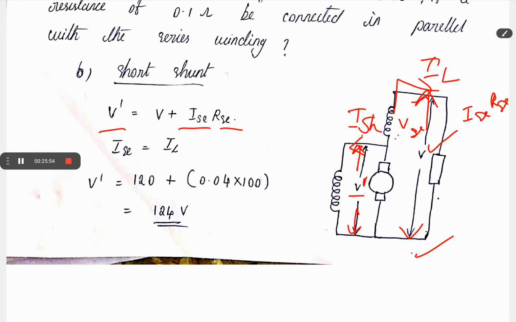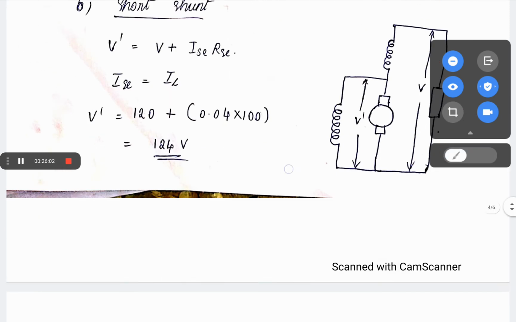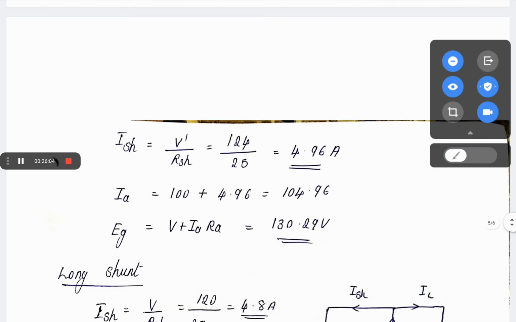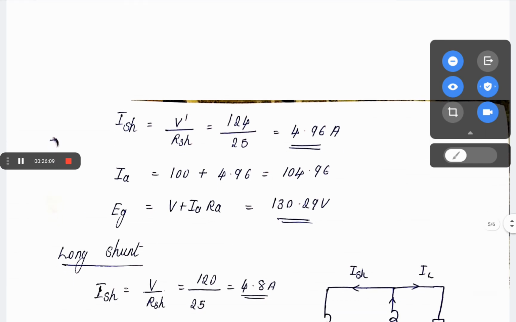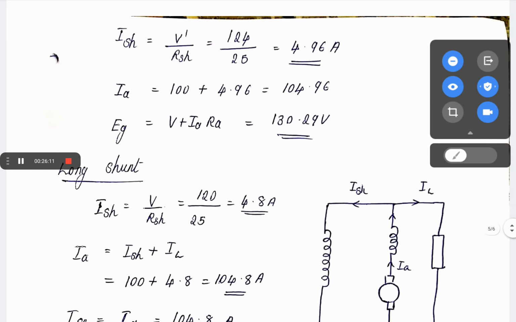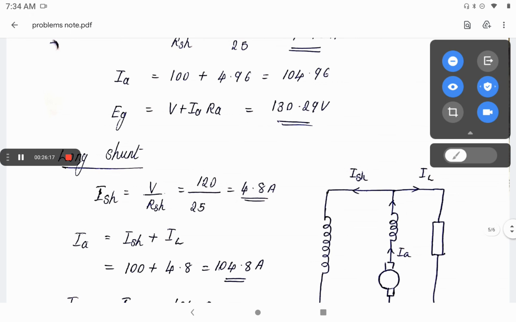Substitute these values, you will get this voltage, then you can find Ish. Now substitute V dash and Rsh, then you will get this value. Ia can be calculated as Ish plus IL, then Eg is V plus Ia Ra.